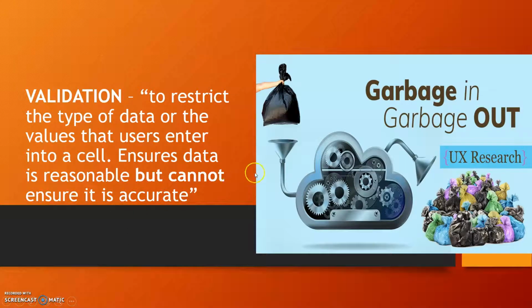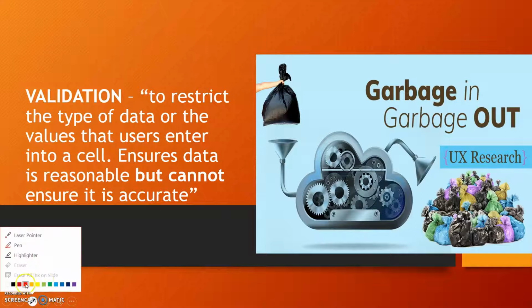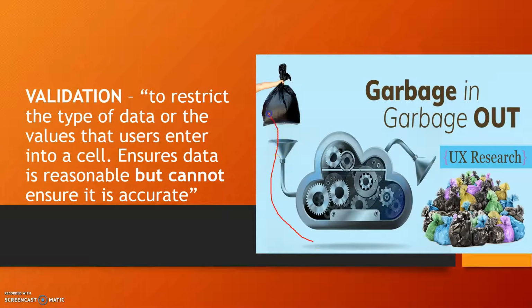Okay, and there's a kind of famous acronym that relates to this, and you can see it in this image on the right hand side, and it's called GIGO, garbage in, garbage out. Okay, and the basic premise here is that if you allow garbage data to be input and captured by your programs, you're then going to get garbage information produced as an output of that.